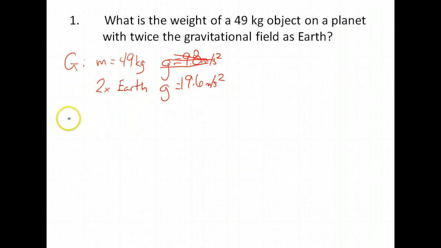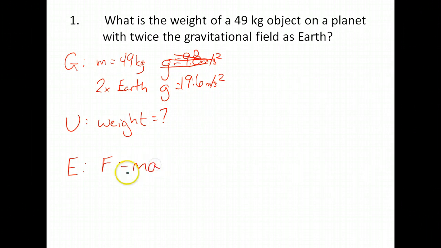Okay, so our unknown, what we are looking for is weight. Alright, what is weight? So now we need to find a formula for weight. And we have to remember that weight is actually a force. So we can use our equation for force, which is mass times acceleration.